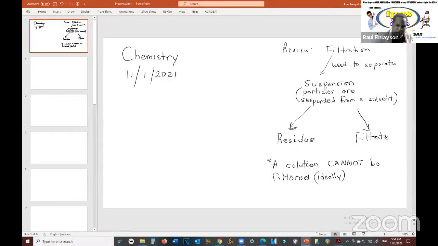So it basically means that, for example, if you have salt and water, you cannot filter it. If you have sugar and water, you can't filter it, because those two things dissolve in water, and those particles are too small to be filtered, so they will actually pass through.